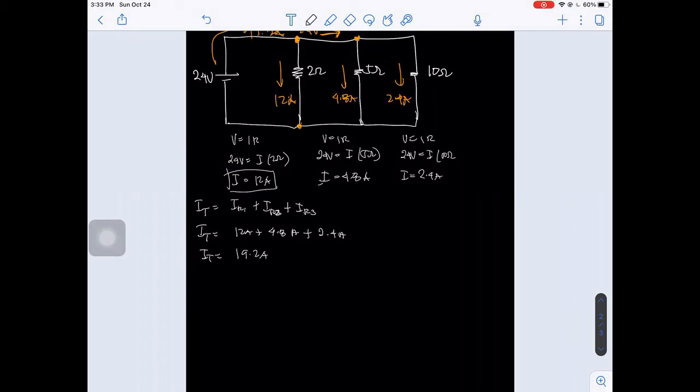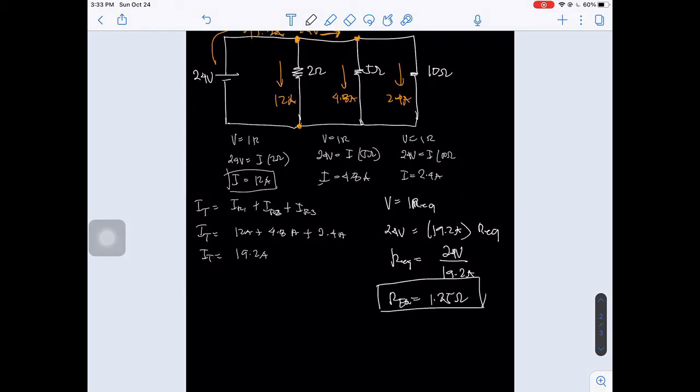For the equivalent resistance, we have V is equal to I R_eq. So we have 24 volts, current is 19.2 ampere. Then R_eq is equivalent to 24 volts over 19.2 ampere, so R_eq is equivalent to 1.25 ohms.